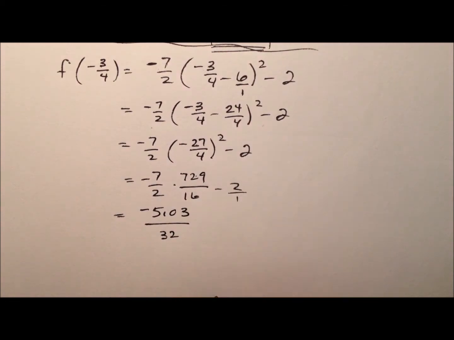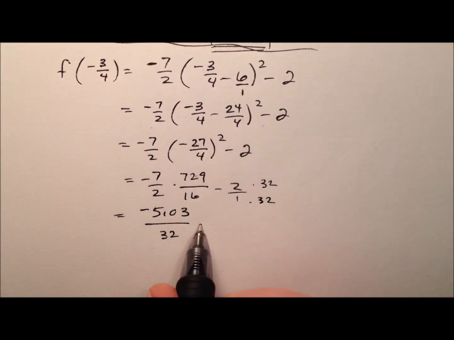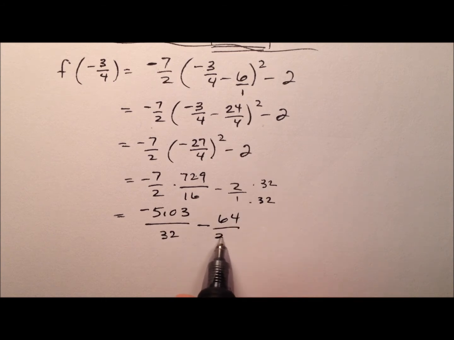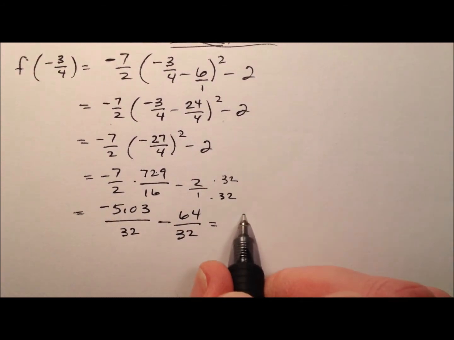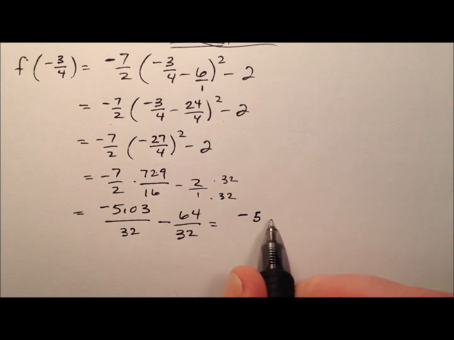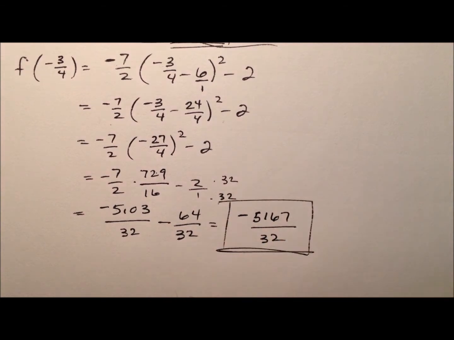Minus 2, or 2 over 1, and we can get common denominators by multiplying by 32 top and bottom. So that's minus 64 over 32, which when we put those together should be, let's see, negative 5167 over 32 for our fraction.